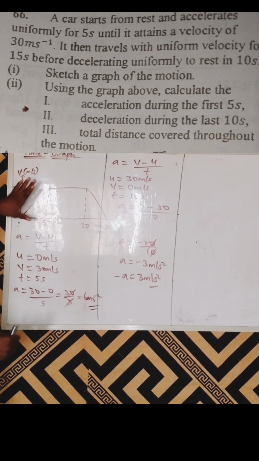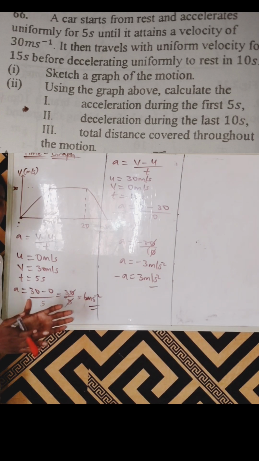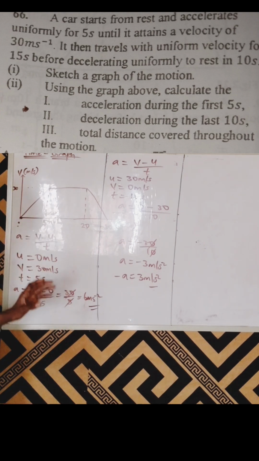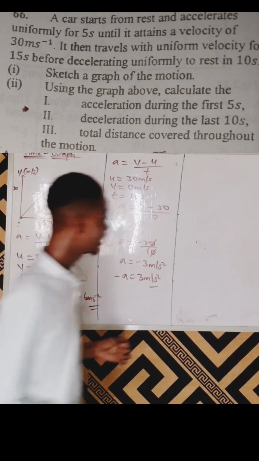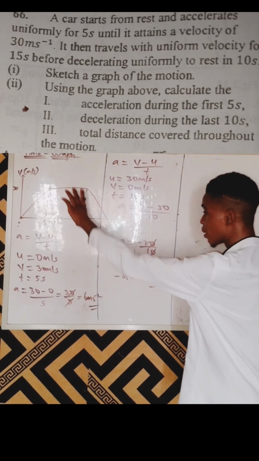I look at what shape is given here. It is a trapezium. I'll now look for the area of the trapezium. That's all. Distance traveled is equal to the area of the shape given, and the shape here is a trapezium.